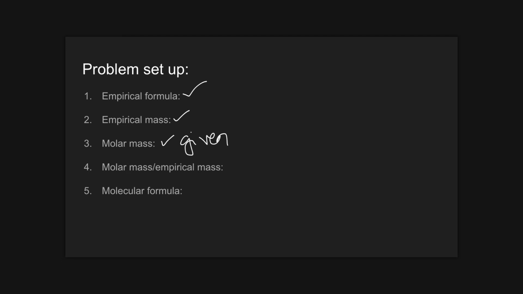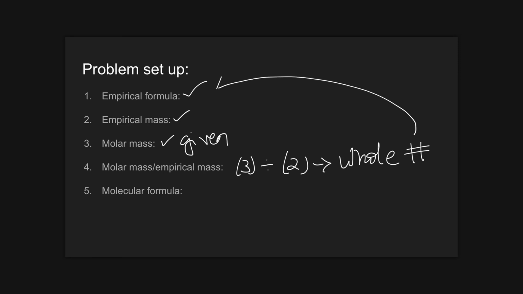Then you will divide your molar mass by the empirical mass, and this is going to give you a whole number. You will take this whole number and go back to your empirical formula, multiply the whole number with the empirical formula, and you will get your answer.